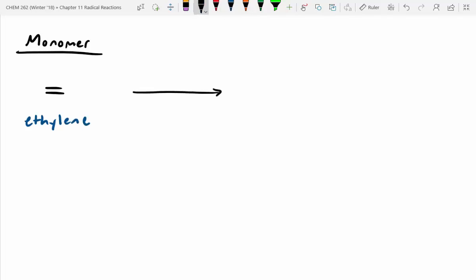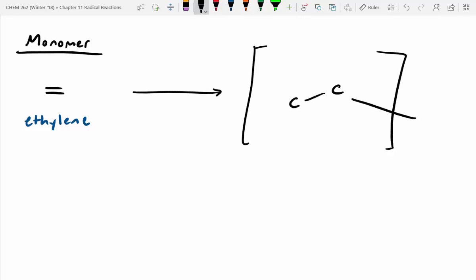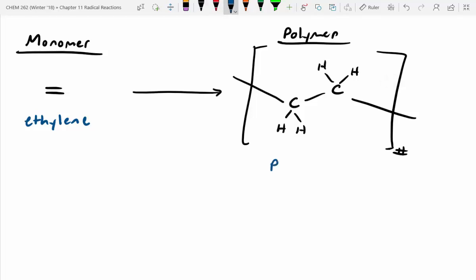And when we polymerize it, same thing, I'm going to put one big bracket in here and put two carbons. Each of these carbons has hydrogens coming off of it. And I'll put some sort of number on the outside. What do you think this polymer is called? Yep, polyethylene. Pretty fancy.